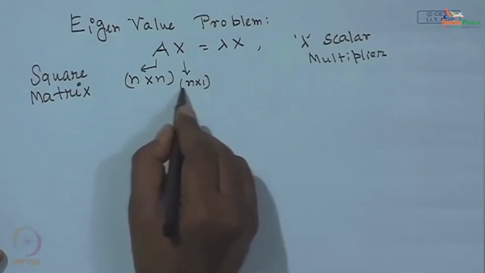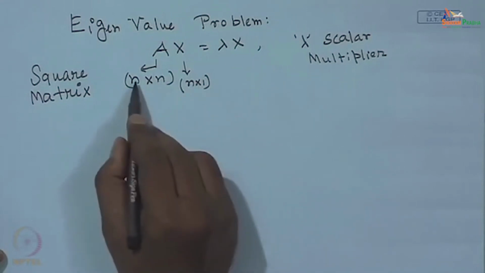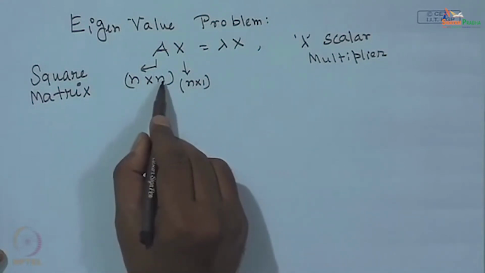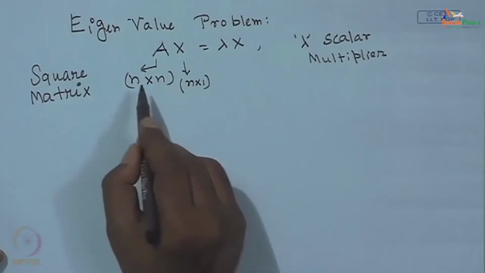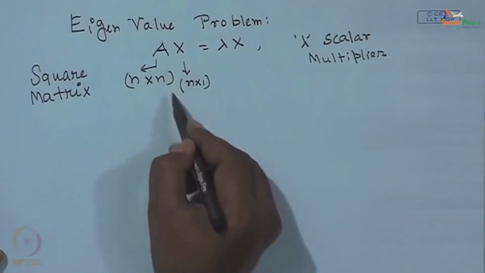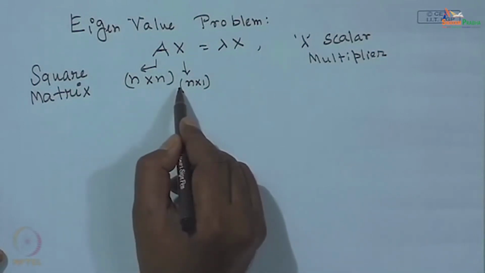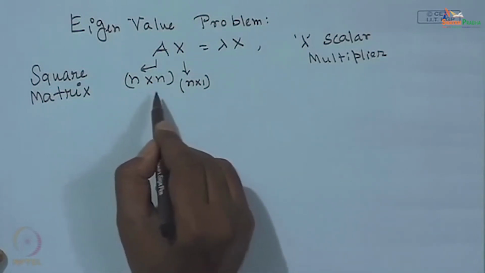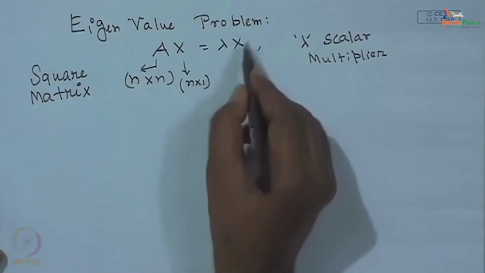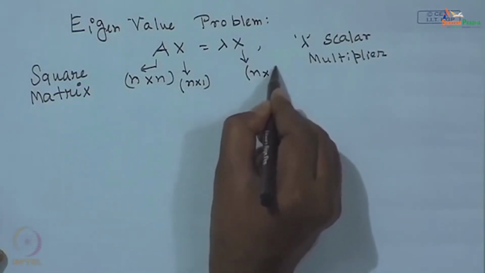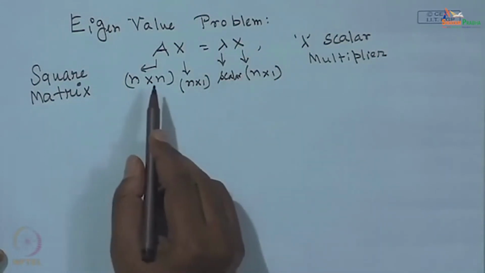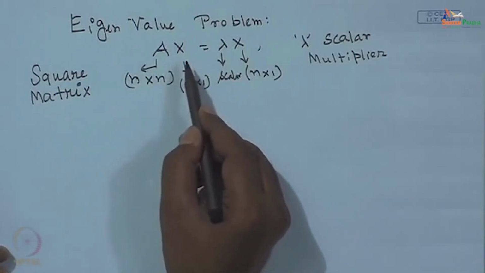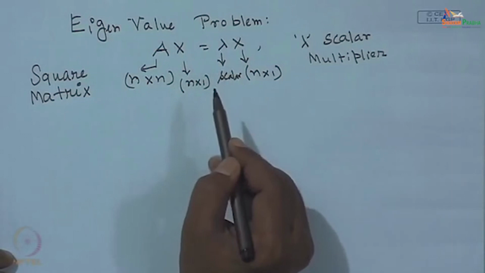So, these two are conformable. It will be returning a vector n into 1. When the number of rows and number of columns are identical, multiplication is allowed, and they will be returning a vector of size n into 1. So, this is a vector of size n into 1 and this is a scalar. If we write an equation like this, then we call this problem an eigenvalue problem.